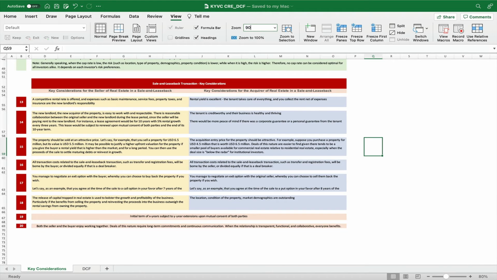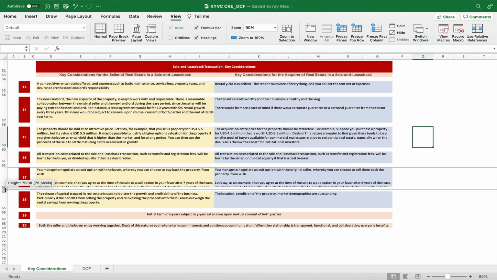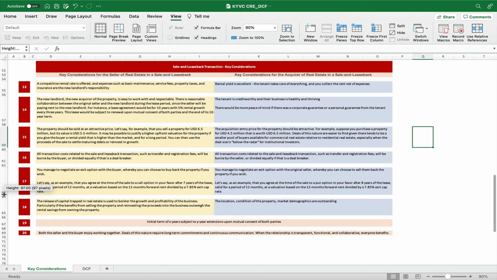If you are a seller of real estate and you are looking to lease back that real estate that you are selling, naturally you want to lease it back at a competitive rate. So a competitive rental rate is offered, and expenses such as basic maintenance, service fees, property taxes, and insurance should move, or you'd want them to be borne by the new landlord. You don't want to keep paying these expenses.